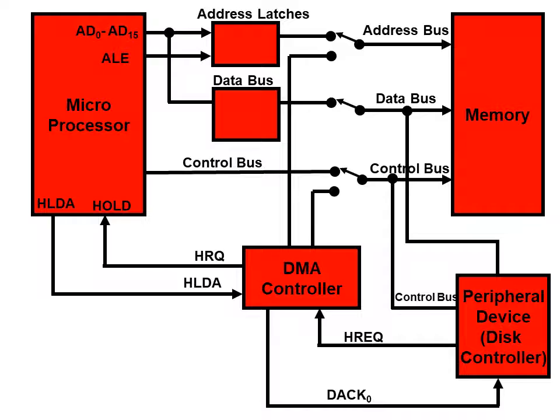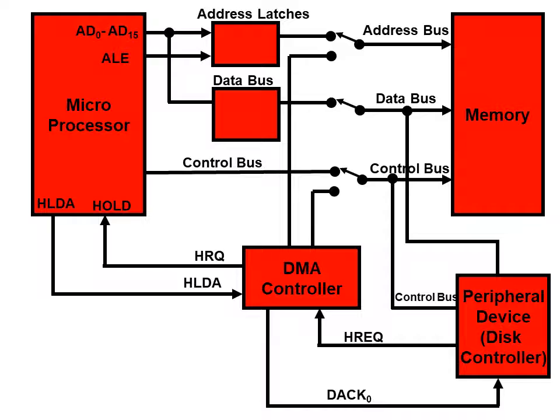Hold request signal is given on the hold pin of this microprocessor, and after completing the current instruction execution, the hold acknowledgement signal is given by the HLDA pin. It is given to this DMA controller.